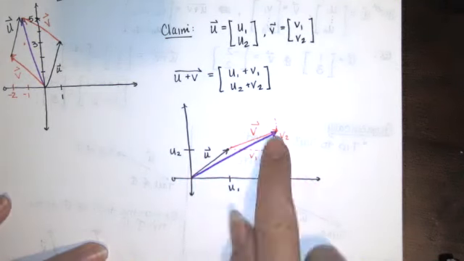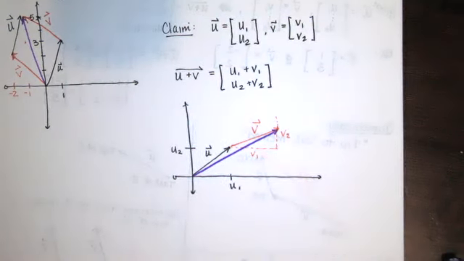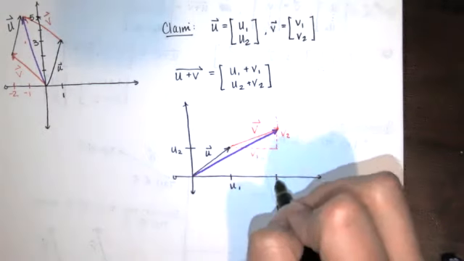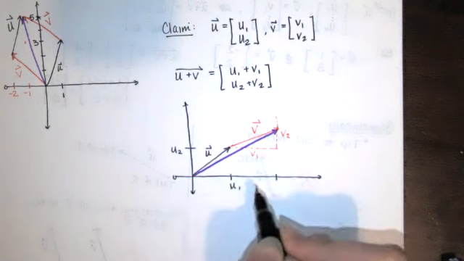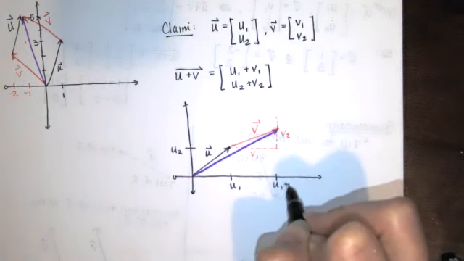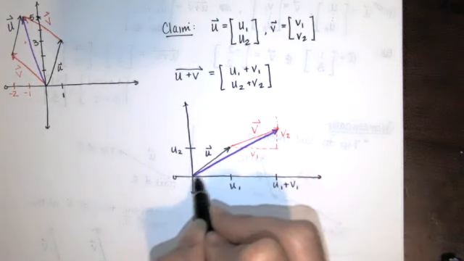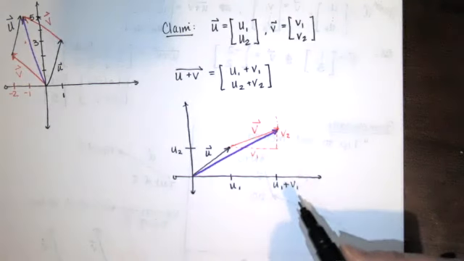Well, I hope you can see that this purple vector, well, if the distance from here to here is u1, and the distance from here to here is v1, the value for the x coordinate of that terminal point of that vector is u1 plus v1.